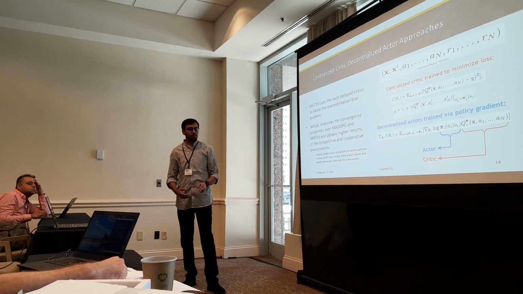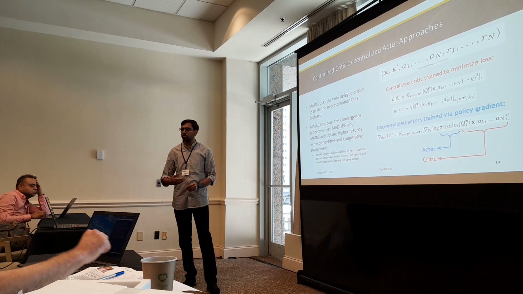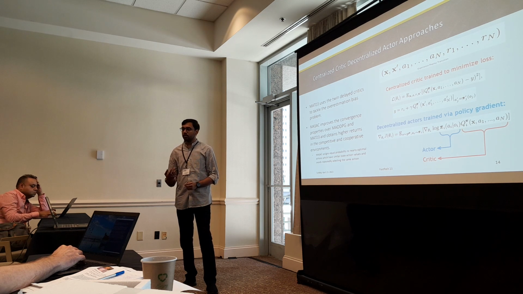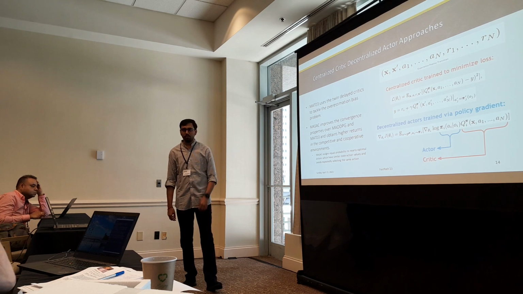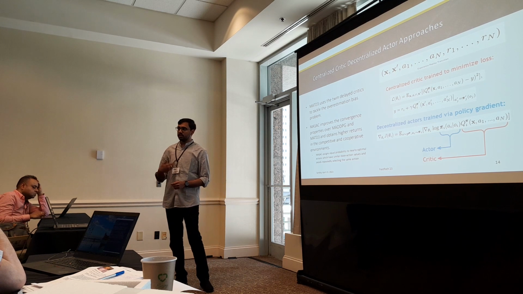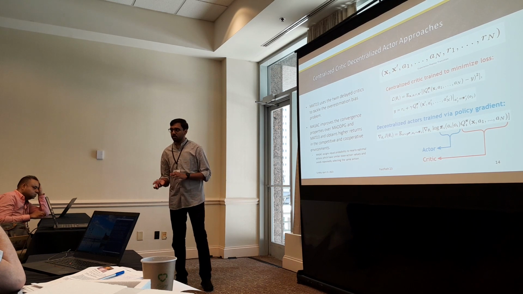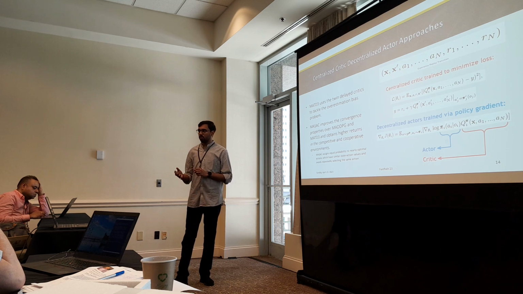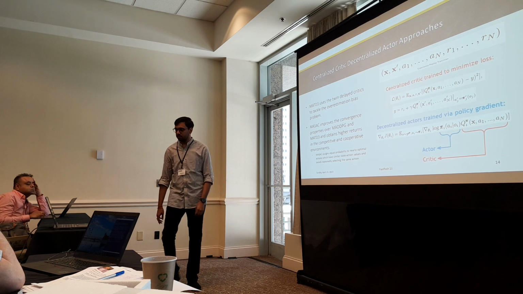When we are updating the actor network, we need to take the gradient of the critic parameters in order to update the actor network. That's how the critic gives its views or opinions on how good or bad the actor's state or action is.